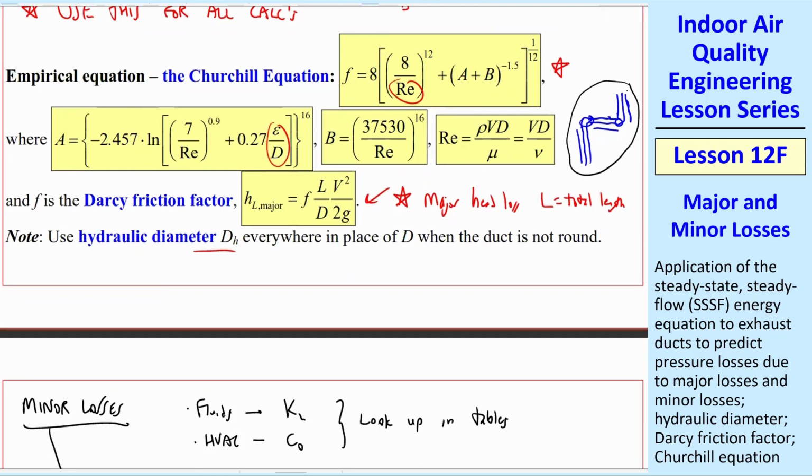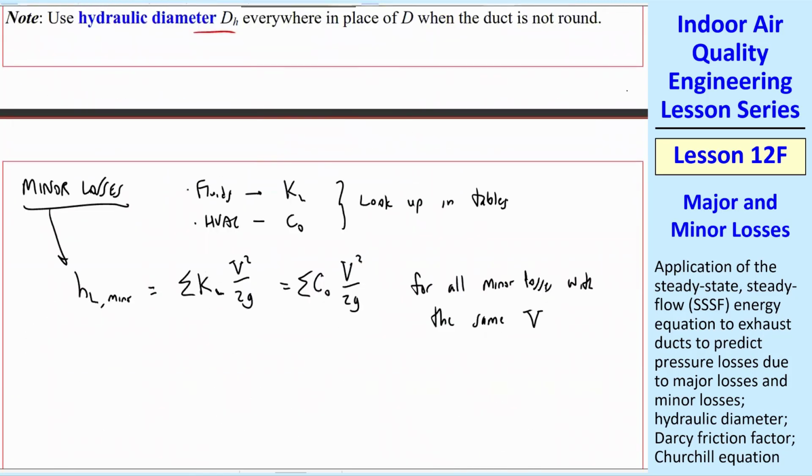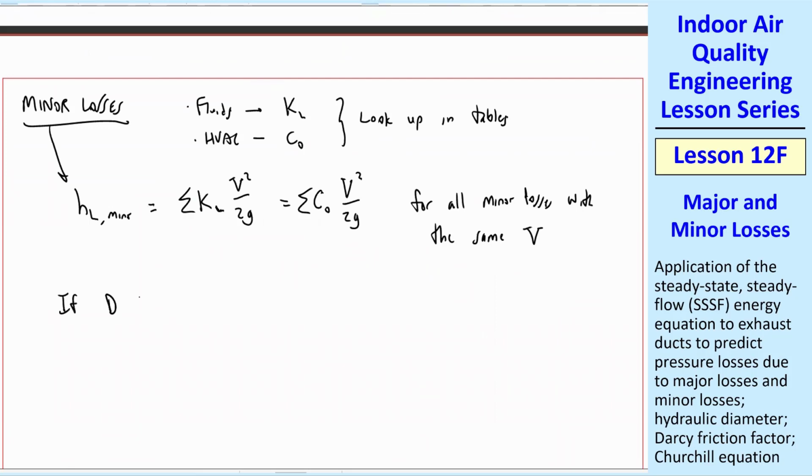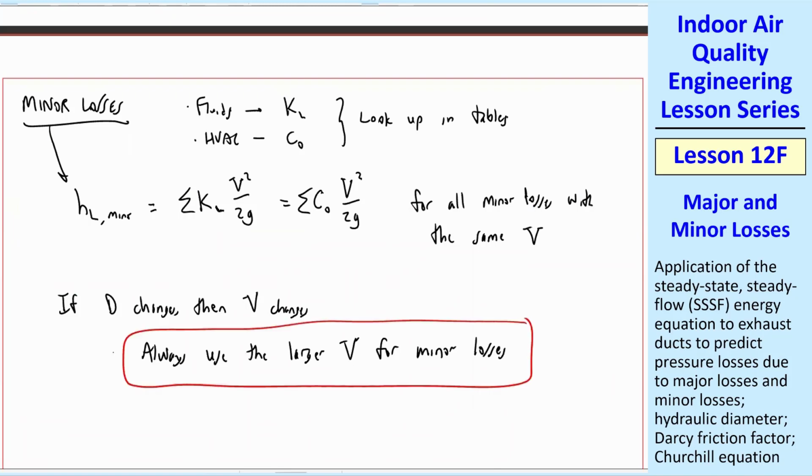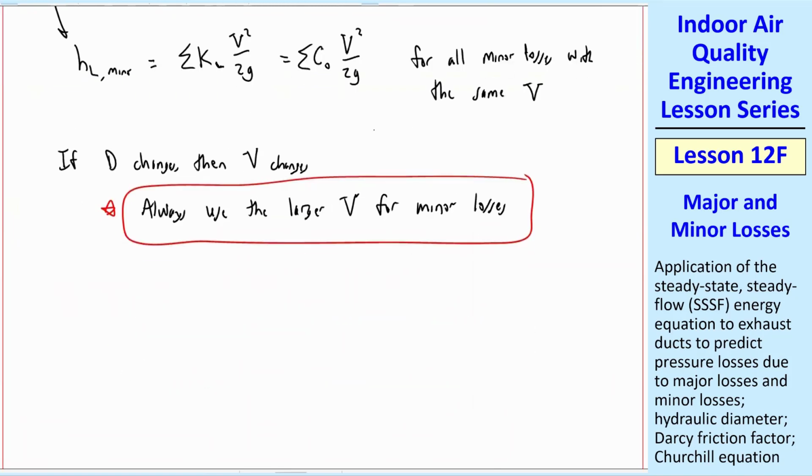But you can run into situations where there are transitions where the pipe gets bigger or smaller. If the diameter changes, the Q will stay the same, but then V changes. And the rule is to always use the larger V for minor losses. I'll give you a quick example here. Suppose you have an expansion.